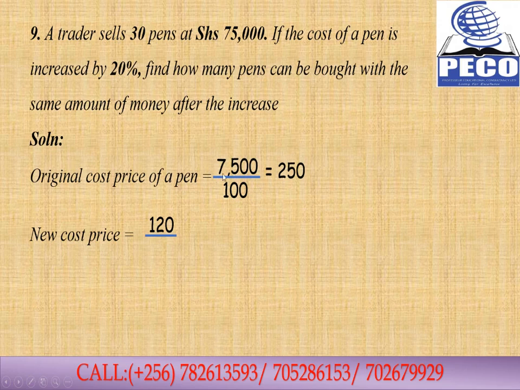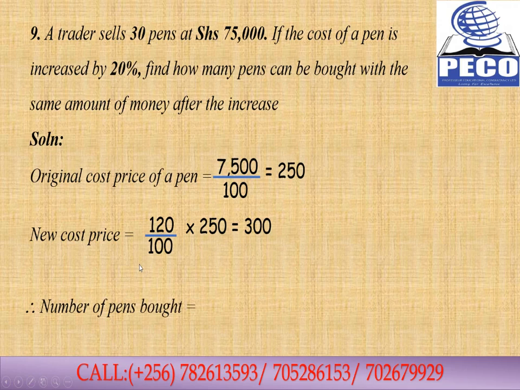Once you divide it, you end up with 250. So the new price will be, because we are increasing by 20%, 120 divided by 100 times 250. So the new price is now 300.